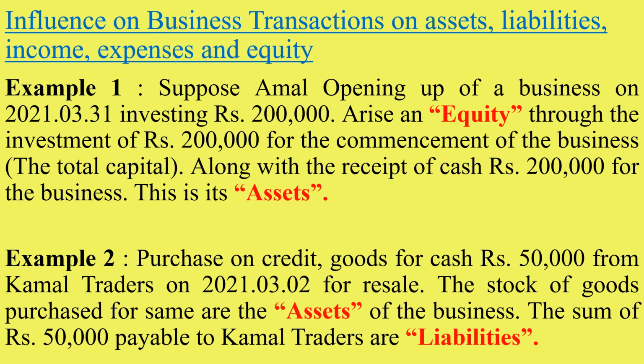But the sum of 50,000, we purchased on credit. So this 50,000 is payable to Kamal Traders. If something is payable on a later date, we call it a liability. So from this transaction, assets and liabilities arise in the business. I hope you understood that as well.